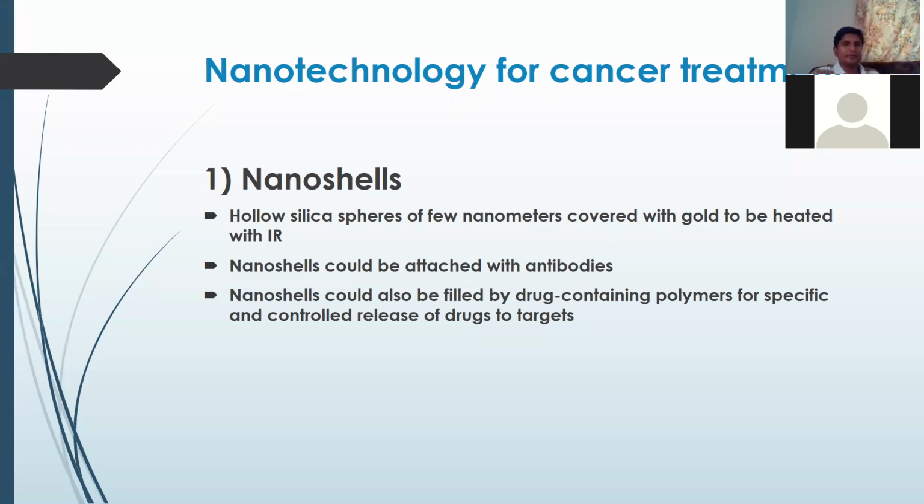When the immune system is activated against foreign bodies, this is the common mechanism of fighting against them. So these antibodies, which are being administered through the nanoshells, could be treated as foreign bodies, and the immune system can be activated against them. But when they are administered through these nanoshells, the immune system could be kept unaware of these antibodies by releasing them in a very controlled and site-directed manner.